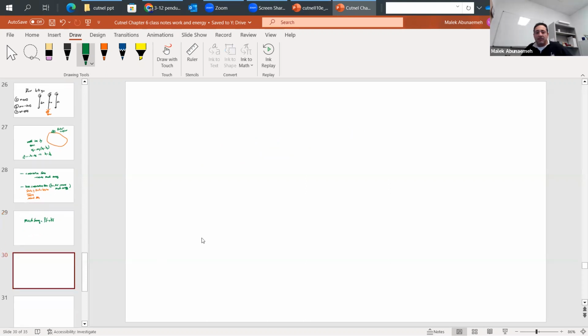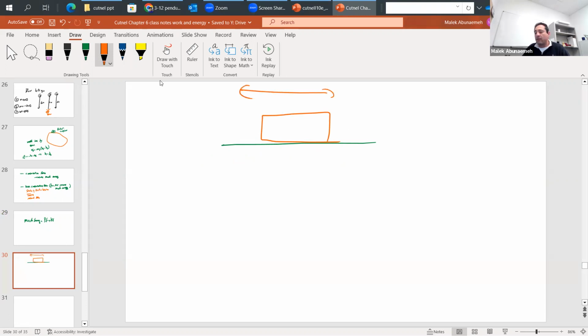You see, if you got an object, let's say a block right over here, and you move the block back and forth, if you move the block one way, you're going to have your friction going opposite, the same force.